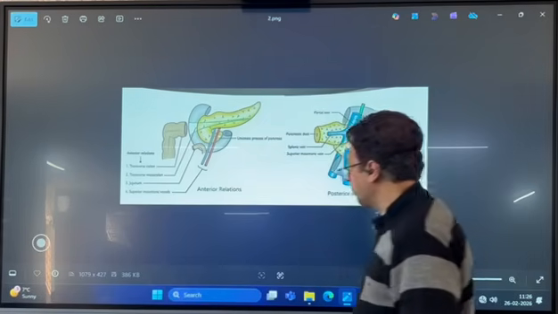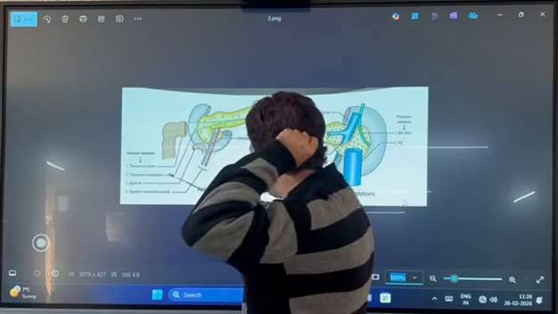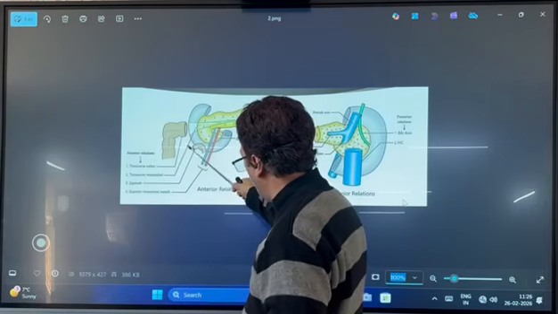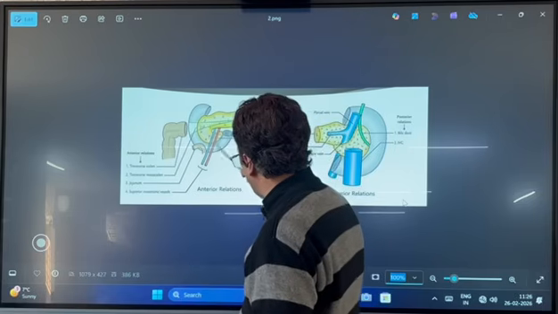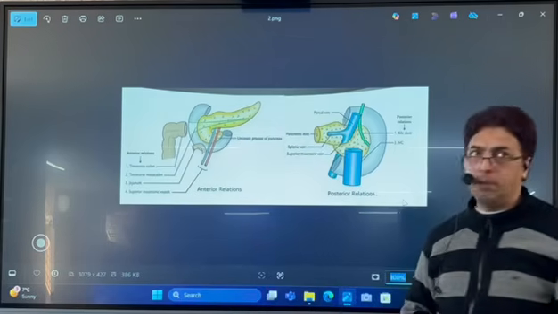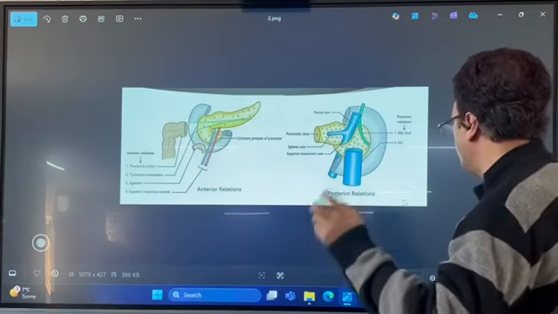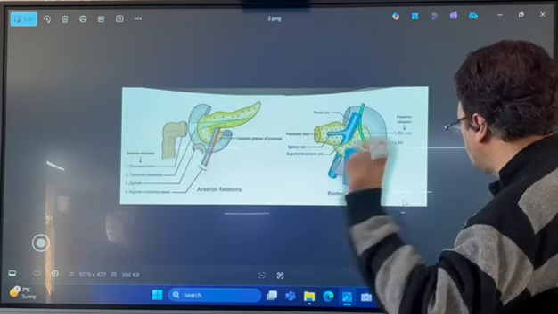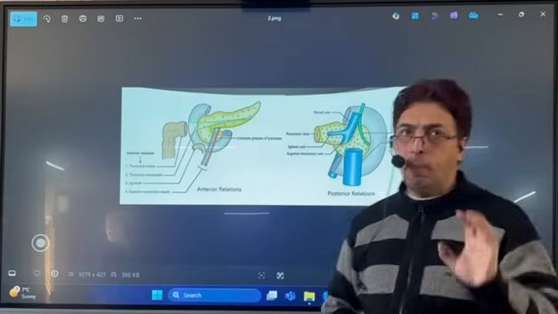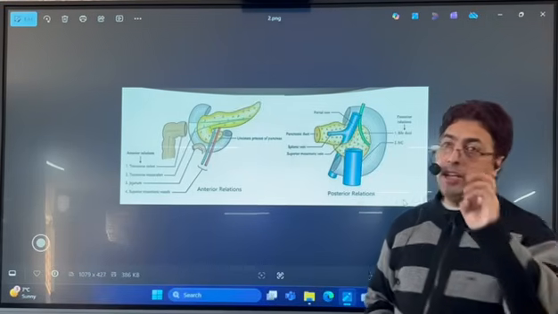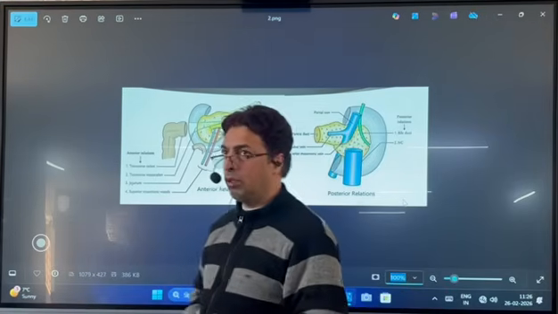As you can see, we have the duodenum and the transverse colon, along with the transverse mesocolon, which lie in relation to the anterior surface of the pancreas. Now, as far as the posterior relations are concerned, posterior to the head of the pancreas lies the right crus of the diaphragm.